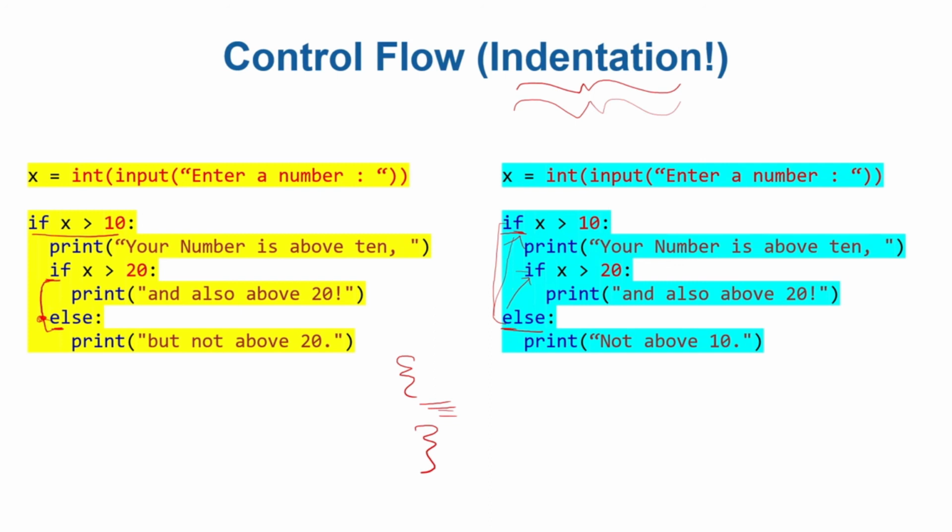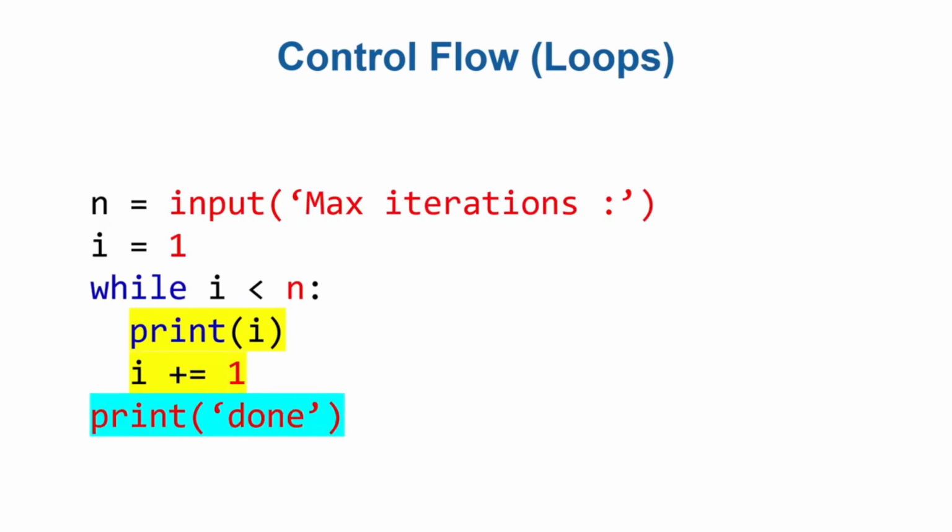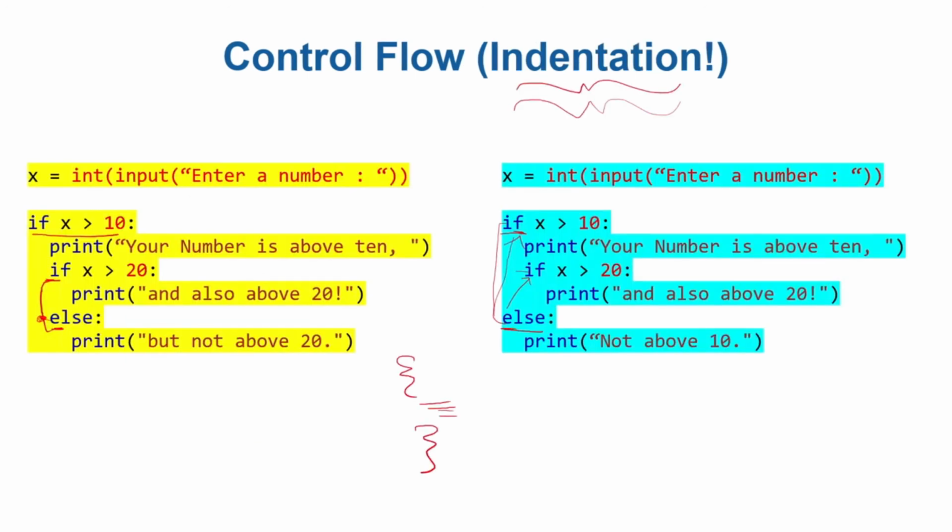Okay, I end the control flow indentation here. From the next video, we are jumping toward loops. But before loops, I just want to write a lengthy program with if, else if, and their combinations.